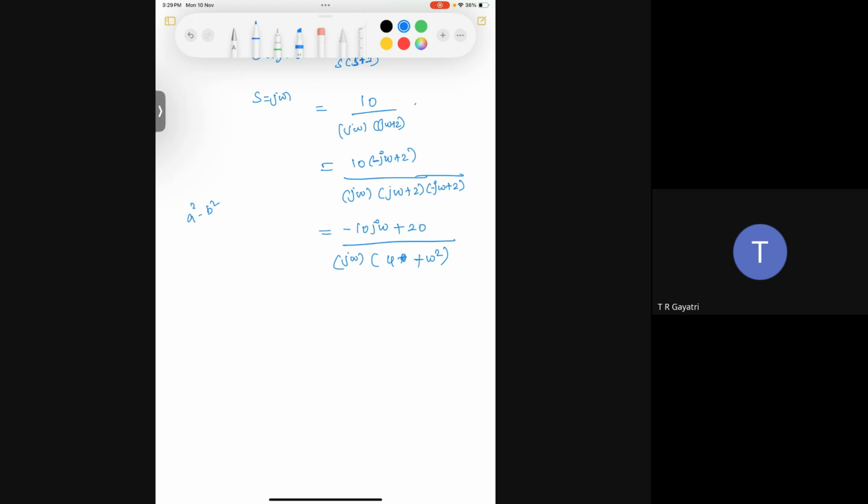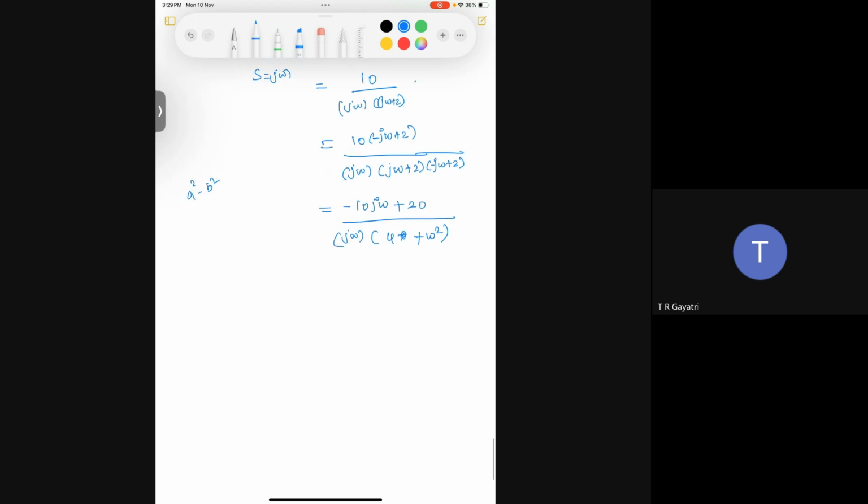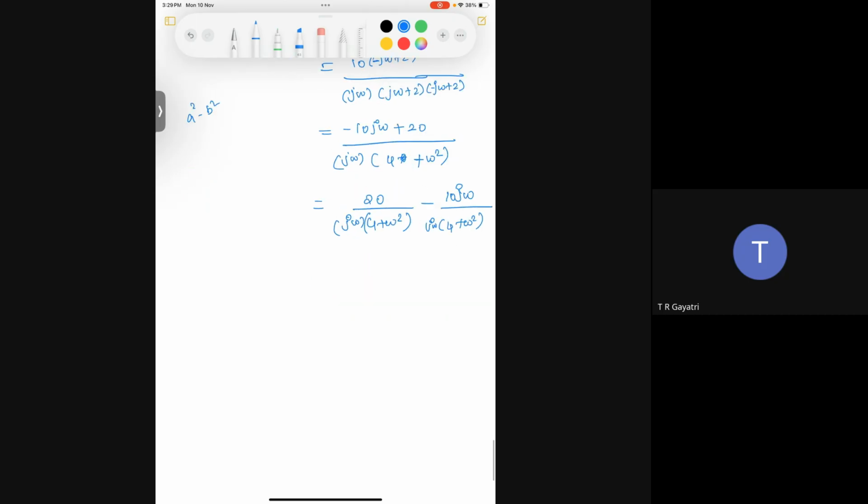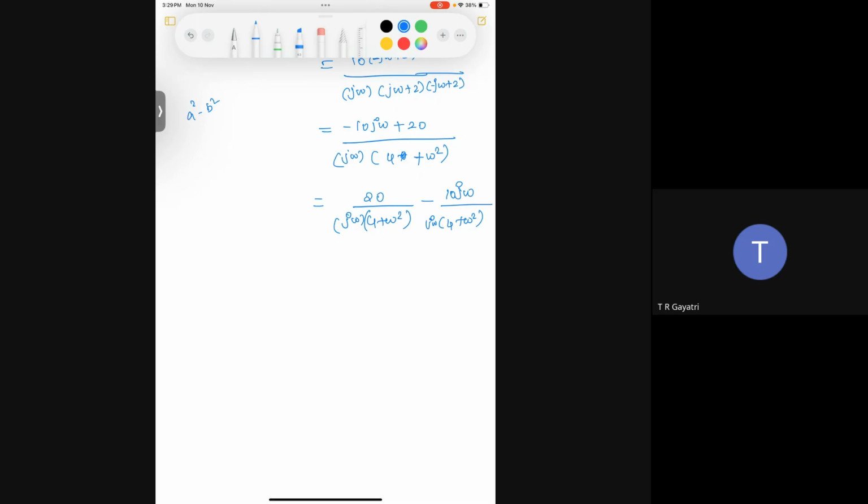So it will be plus 10. Then this can be written as 20 by j omega into 4 plus omega square minus 10 j omega by 4 j omega into 4 plus omega square. So I have split that into two different parts.